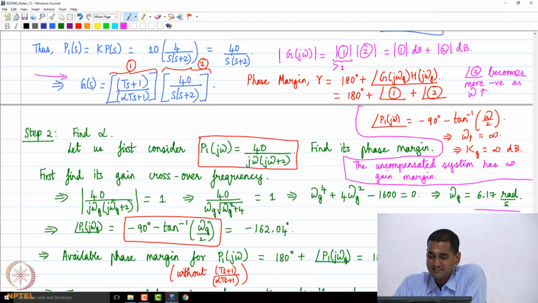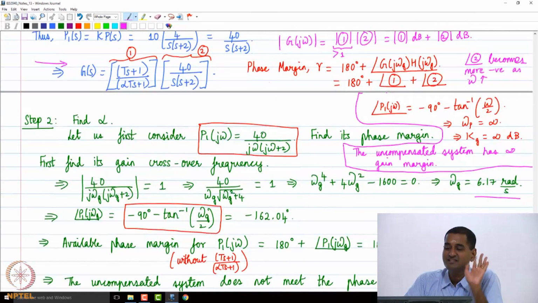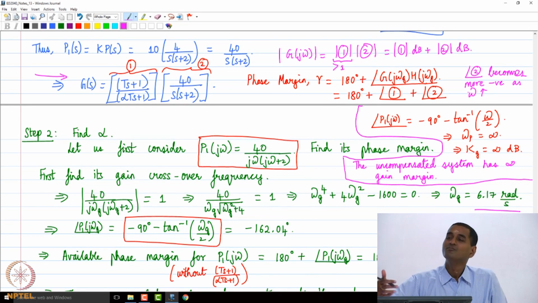So if I just keep the phase contribution of the lead compensator at 32 degrees, I will still not be in a position to meet the phase margin, because it will be less than 50. The gain crossover frequency has shifted to the right, so the phase contribution of factor 2 has become more negative. So the phase margin would reduce.